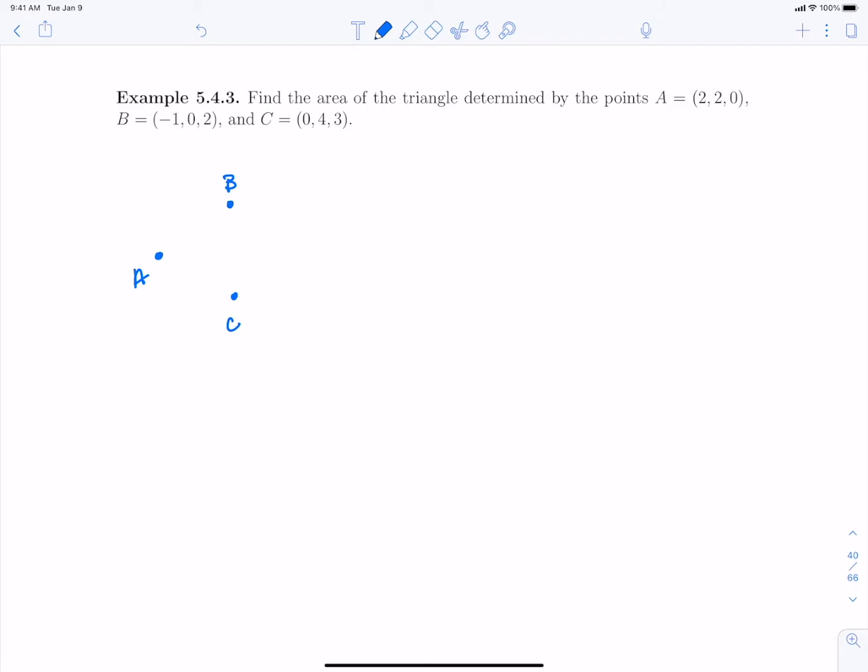And so when I've got these 3 points, I could actually determine vectors between these points. And from there, once I have 2 vectors, I could get a parallelogram or a triangle between them.